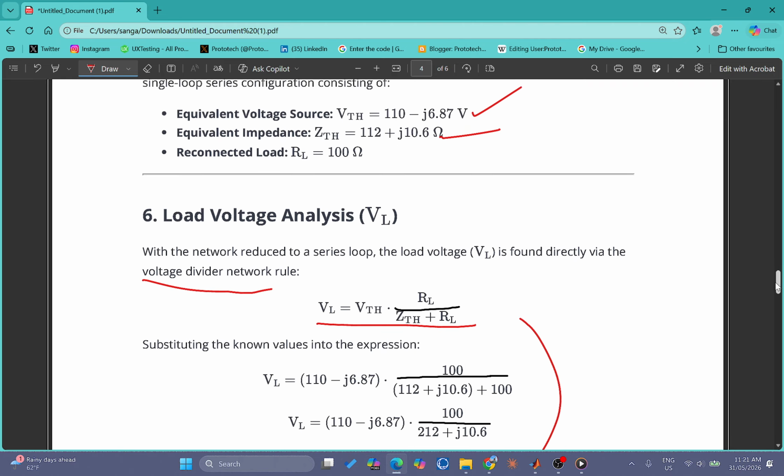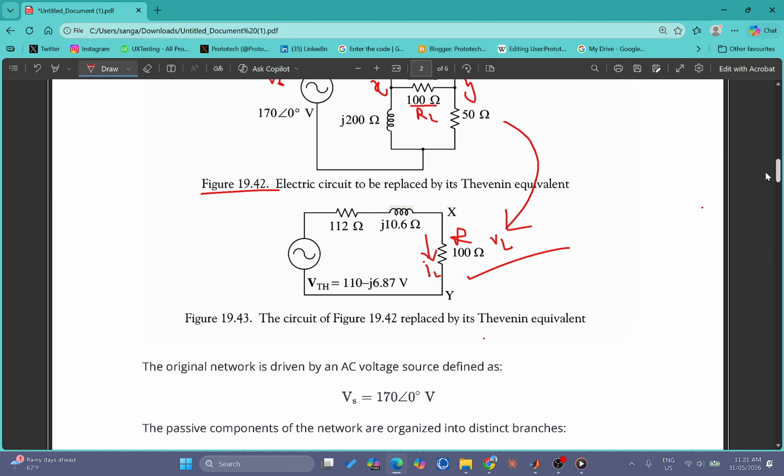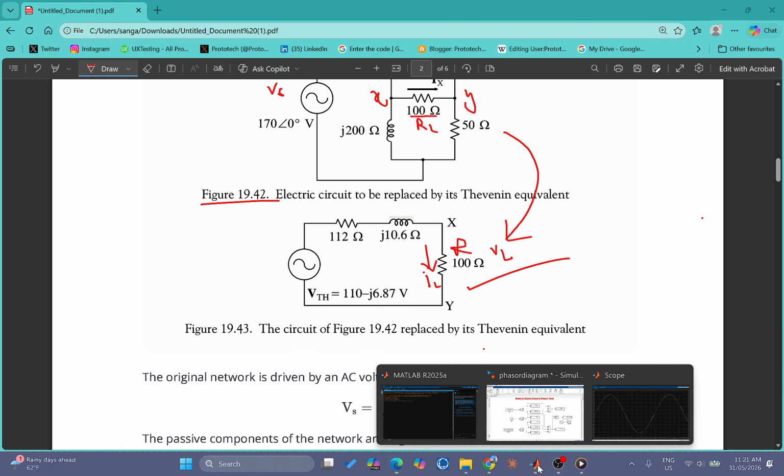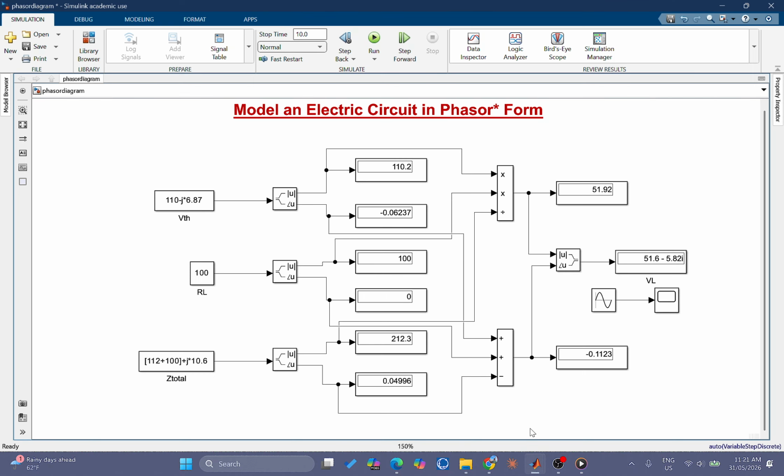We are now going to model this simplified circuit in Simulink, and I already have the model here. In this Simulink model, at the first stage, we have our input parameters. These three constant blocks are configured to input the complex parameters.